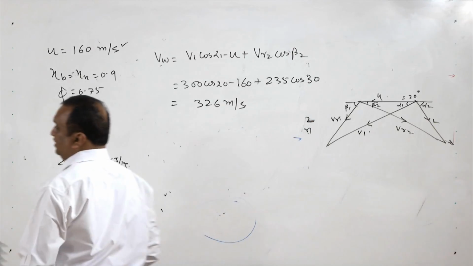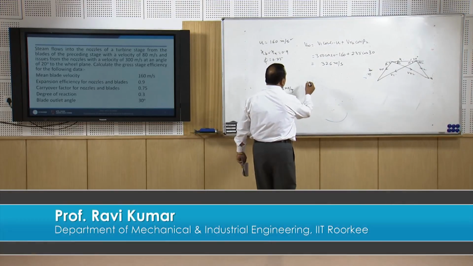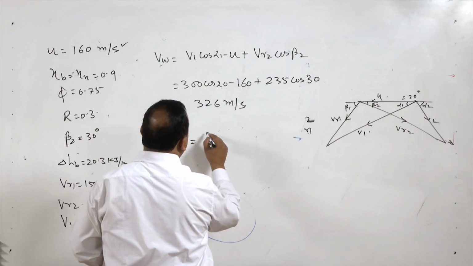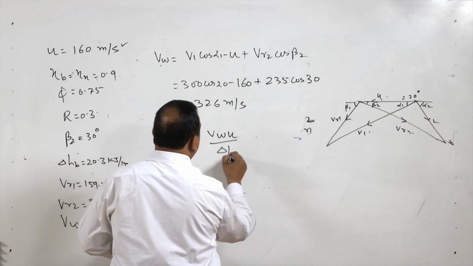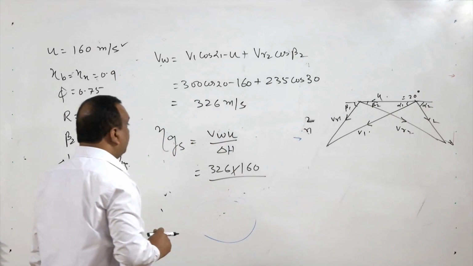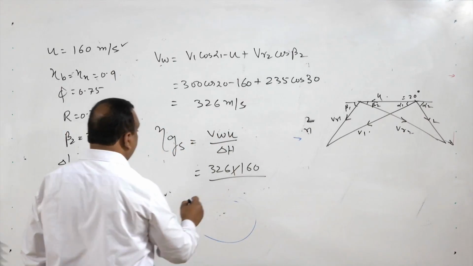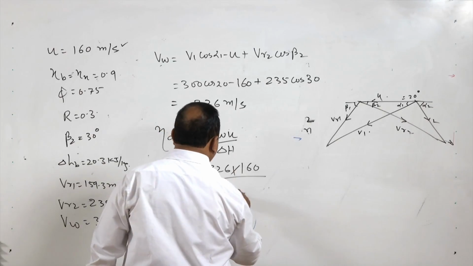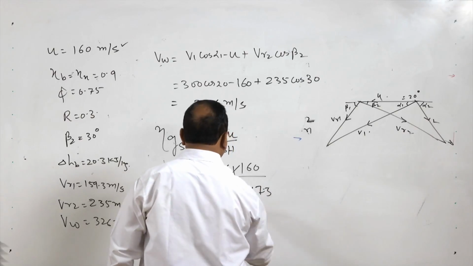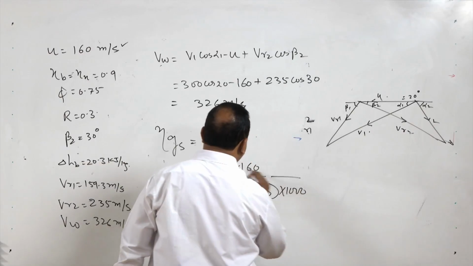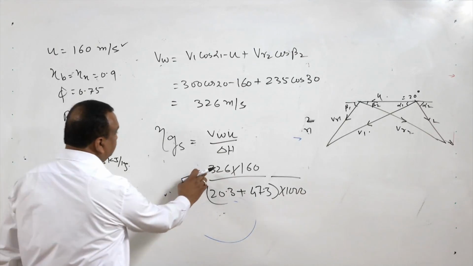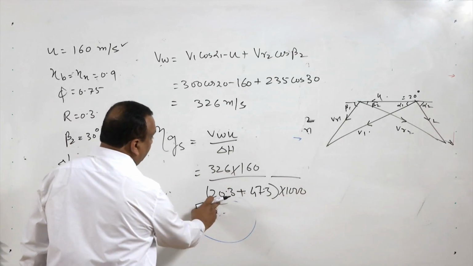So, gross stage efficiency is going to be equal to VW u divided by delta H. So, 326 multiplied by 160 divided by delta H. Delta H is 20.3 in blades and 47.3 in nozzles, multiplied by 1000, because this is in joules and that is in kilojoules per kg.